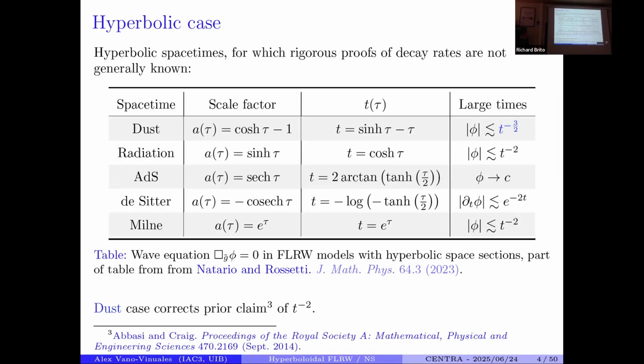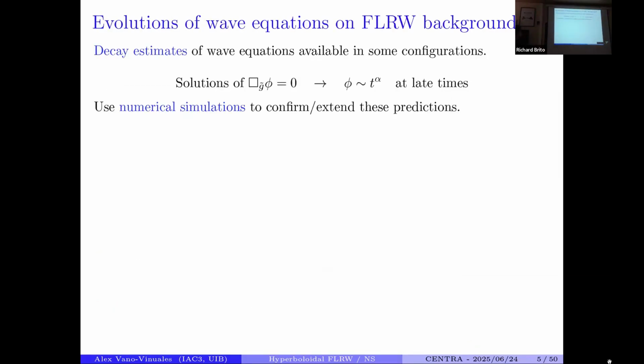For example, the work we did allowed us to clarify some contradicting results in the literature, specifically for this decay here, where some prior works claimed it to be a -2, but from the numerical experiments we did, which I will show, we obtained a -3/2, which also corresponded to what was found by Jose and Flavio in this work here. But let me tell you about the setup.